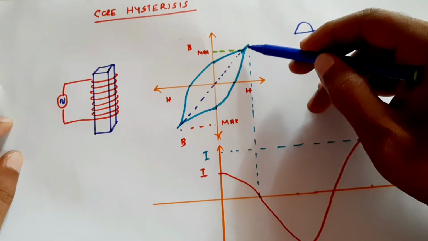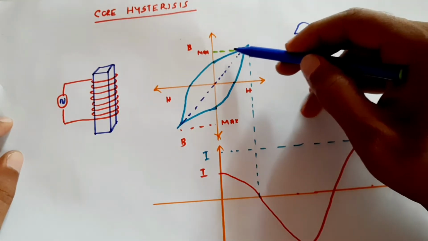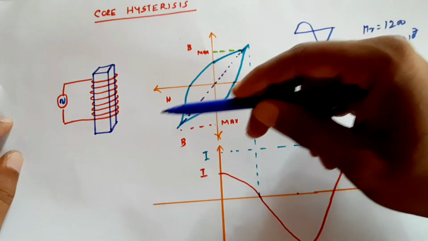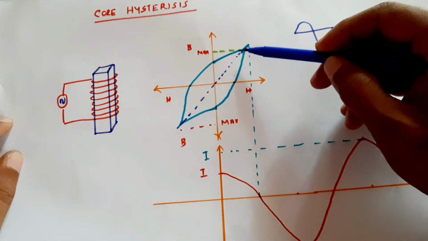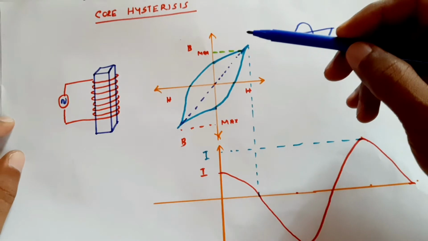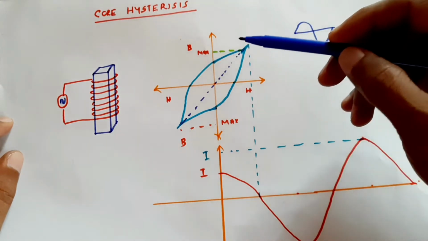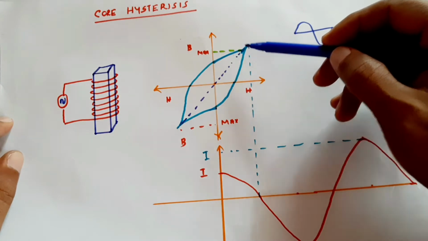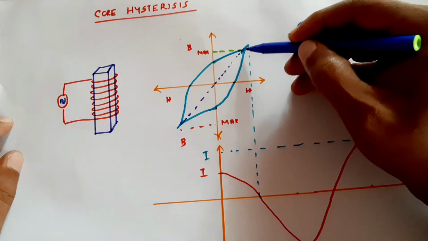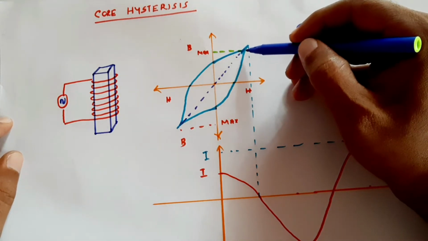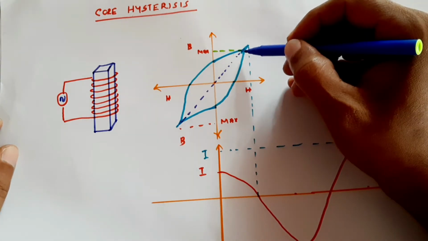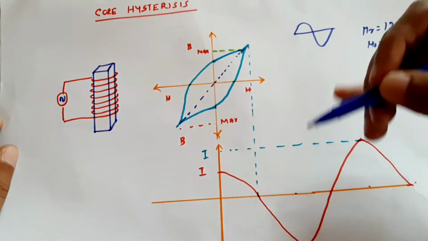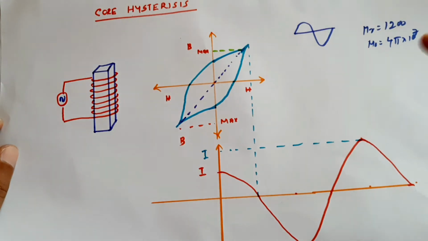Any further increase in current will not have any effect on the core because the core has already saturated. That means the flux has reached its maximum. So now, as the flux has reached its maximum, the core becomes a temporary magnet.